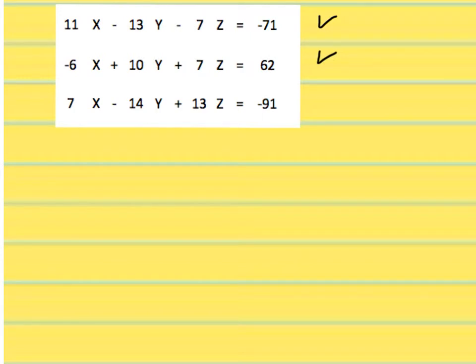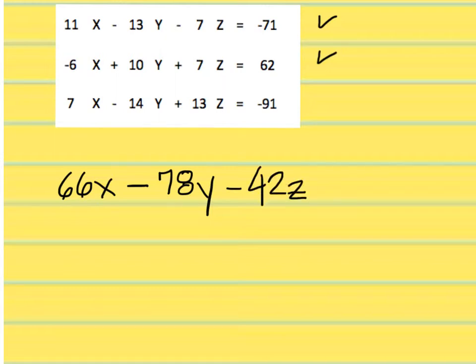Multiply the top equation by 6. So 6 times 11x would give me 66x, and then 6 times minus 13y is minus 78y, and then minus 42z, and then we're going to multiply the negative 71 by 6 and come up with a negative 426.